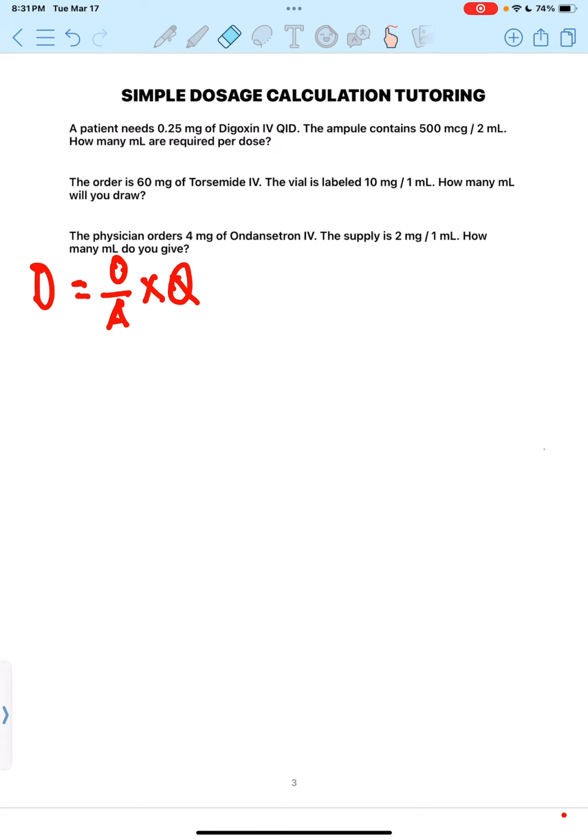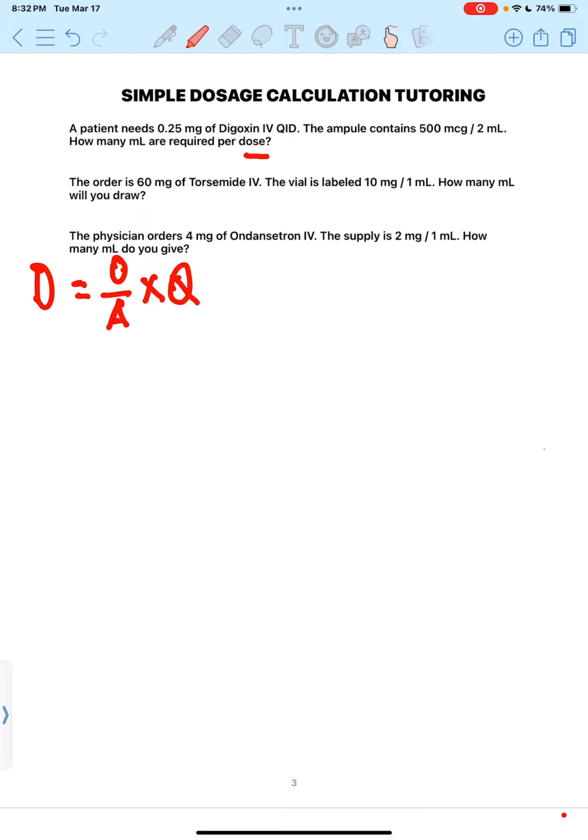I just want to remind you something. Anytime you solve for a dosage calculation, you are always going to do that as a single dose. Even though they say the doctor prescribed this 4 times a day, 6 times a day, or 3 times a day, that frequency means nothing unless the question asks what you would give in terms of a day.